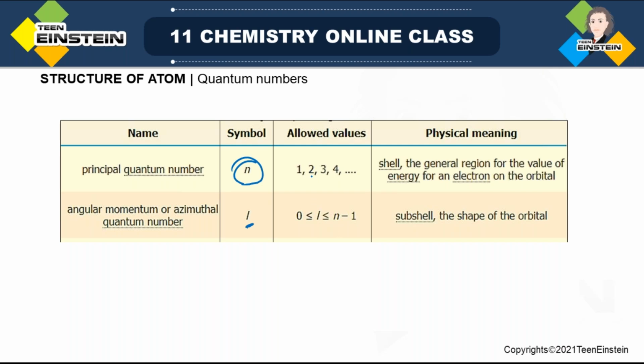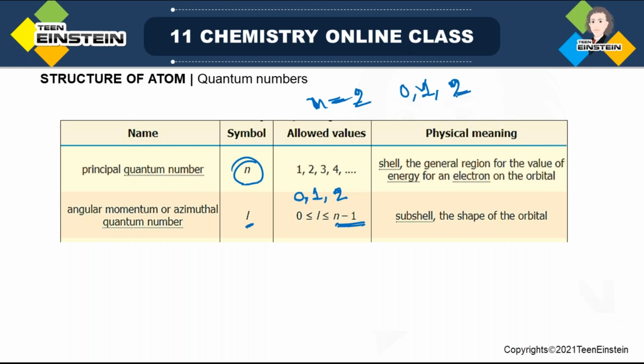Okay, so suppose n is 2. When n is 2, the l values will be 0 and 1, because the next one is 2.